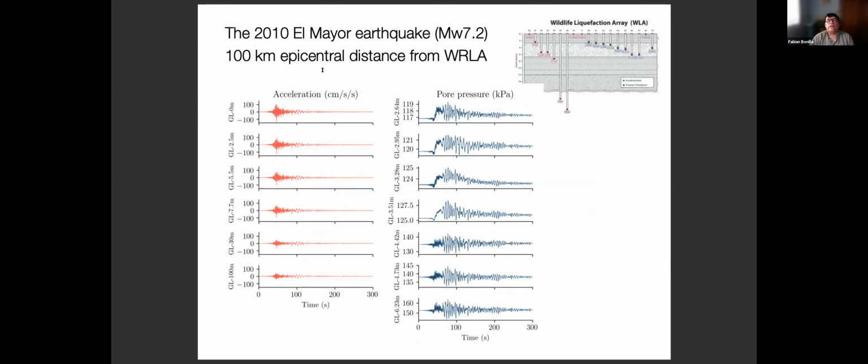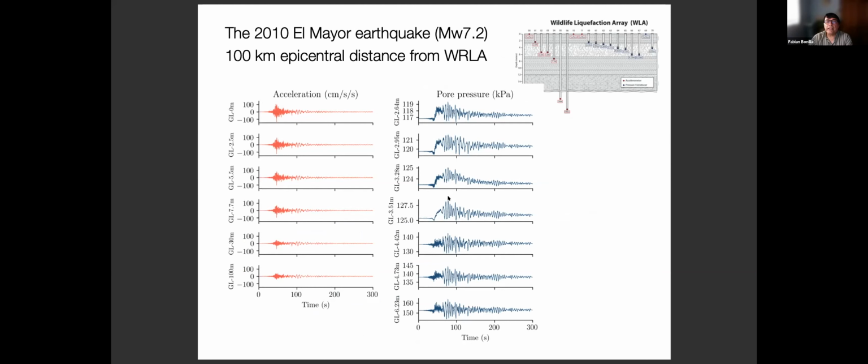This site recorded the 2010 El Mayor earthquake, magnitude 7.2, which was located 100 kilometers away from this site. So you have the time histories from 100 meters depth up to the surface. At the surface, you can see that you get almost 0.1 g, so it was a strong earthquake anyway. And then you have the pore pressure excess, and basically from 3.5 meters depth to the surface, you get a clear pore pressure excess.